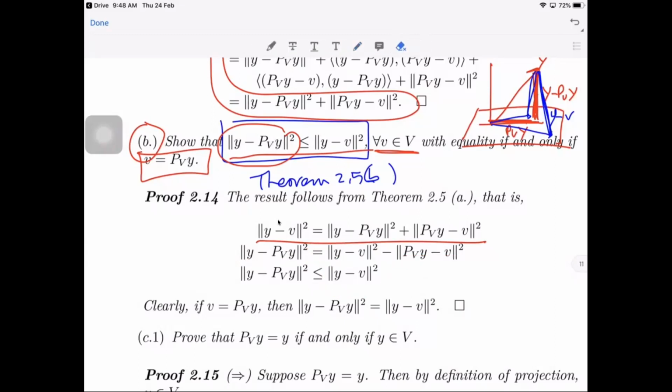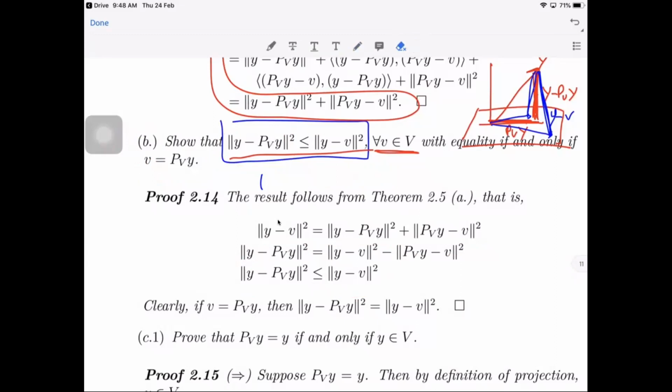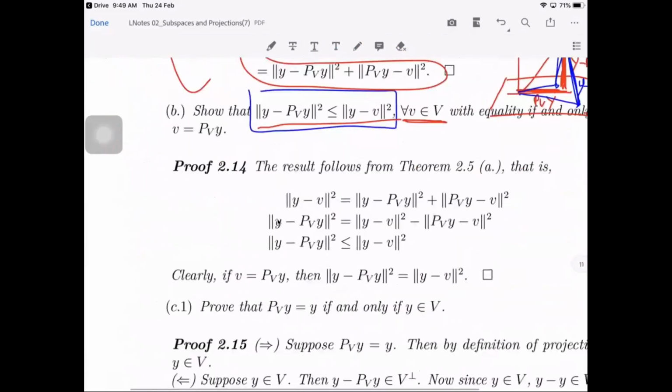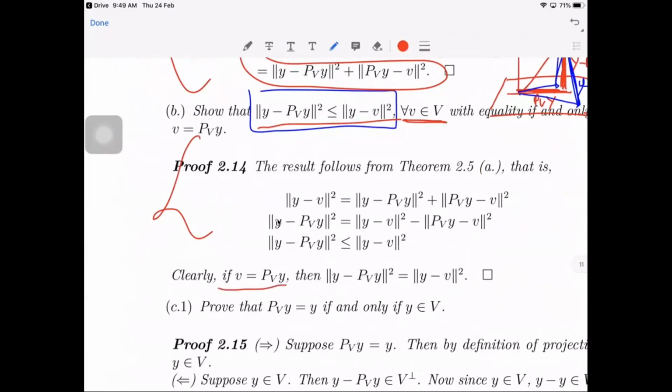So kung ipa-prove mo later, show that the projection of Y is the point closest to Y, you have to start with this proof here, then continue with this proof. So that is showing closest. Okay? And clearly, if the projection of Y onto V is your vector V, then you attain equality.